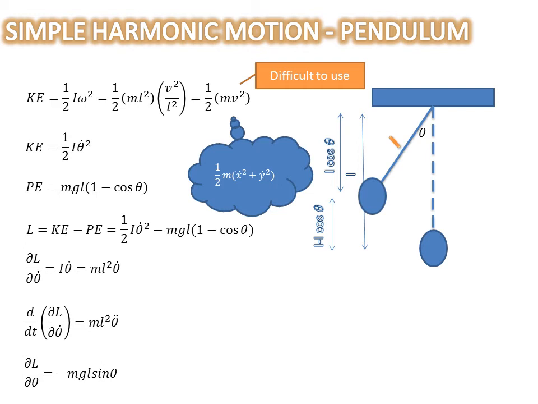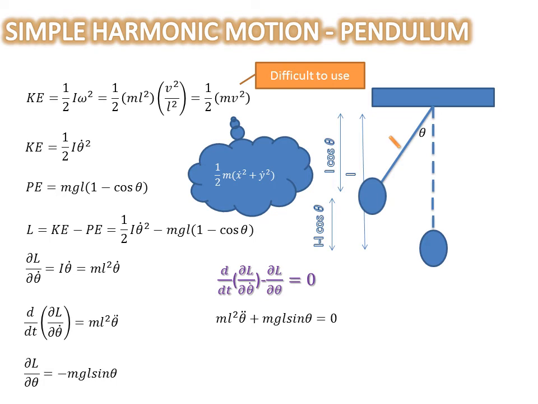Now, substituting this term and this term in the Euler-Lagrange equation, substituting m l squared theta double dot instead of the first term and minus m g l sine theta instead of the second term, I get m l squared theta double dot plus, because I have minus and minus, plus m g l sine theta equals 0.